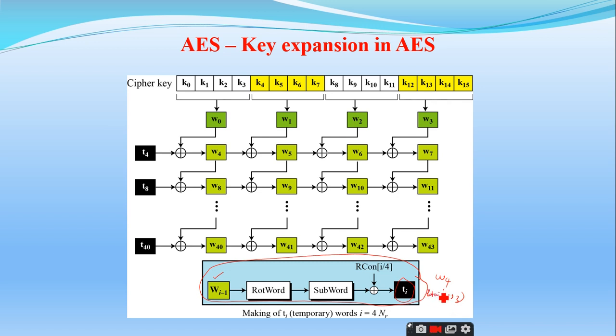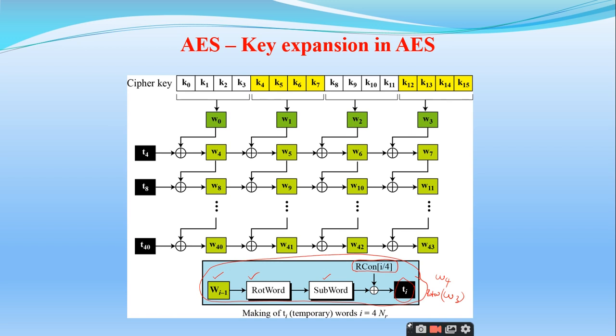First, I apply rot word. Second, the output of rot word is given to substitute word. Now we are substituting. After substitution, I take the round constant and perform the exclusive OR operation, right? So this is how I generate the key.